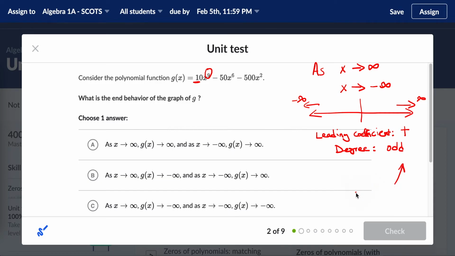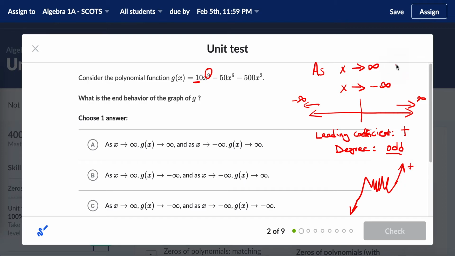So the right-hand side of our graph goes up, and this has a degree of 9, so it's going to have 8 bounces in it. It's going to bounce a bunch of times here, and then it's going to go down. So it's going to go in opposite directions because it's odd. The right-hand side is going to be going up because it's positive.